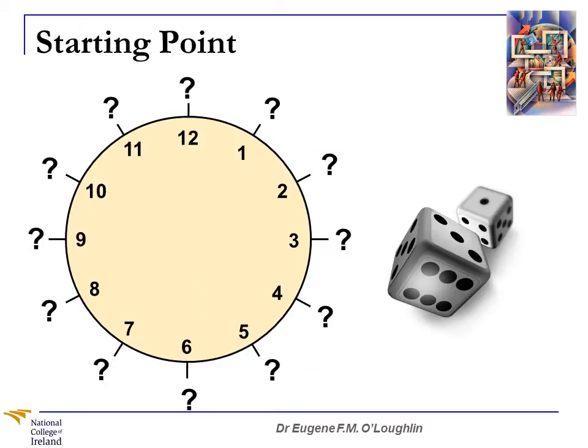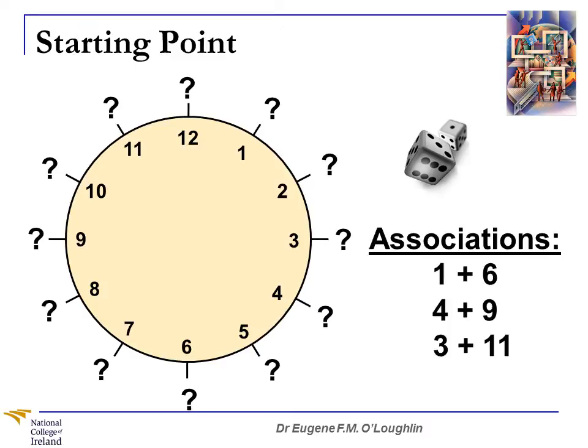Then once we've done that, the simplest thing to do is get a pair of dice and roll them to generate random combinations. So roll one dice to come up with one number, and then roll the two dice together to come up with a second number. So for example, once we roll the dice, we could associate number 1 with number 6. So we would investigate and brainstorm and study the association between whatever the attribute number 1 is or the attribute number 6 is.